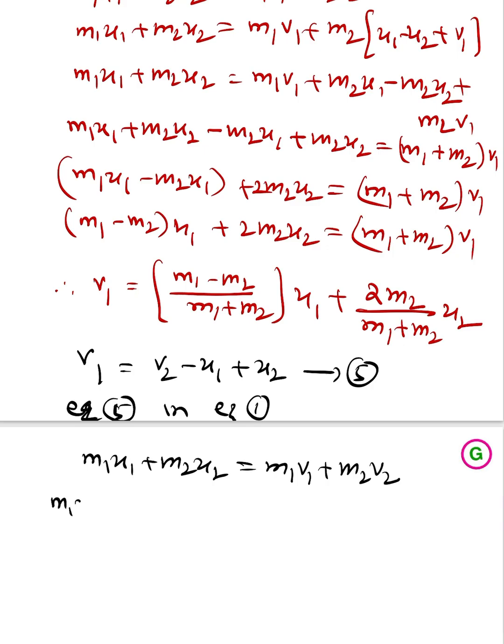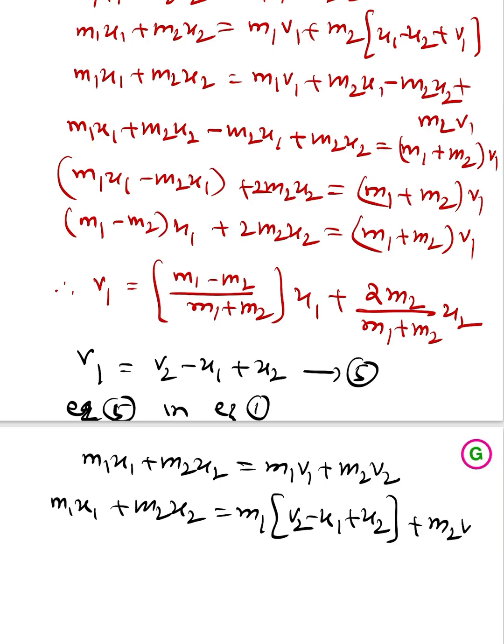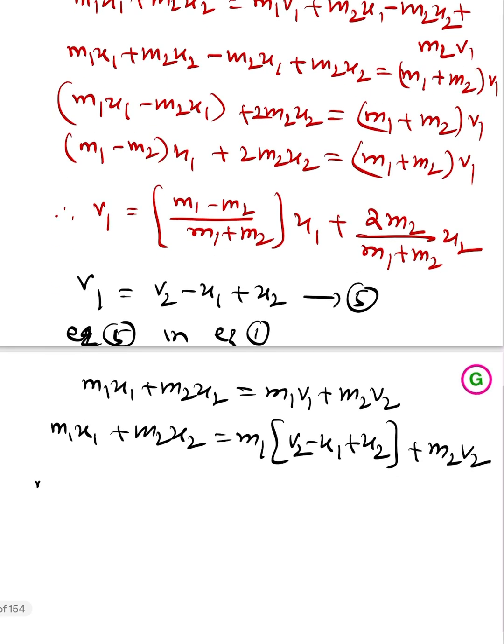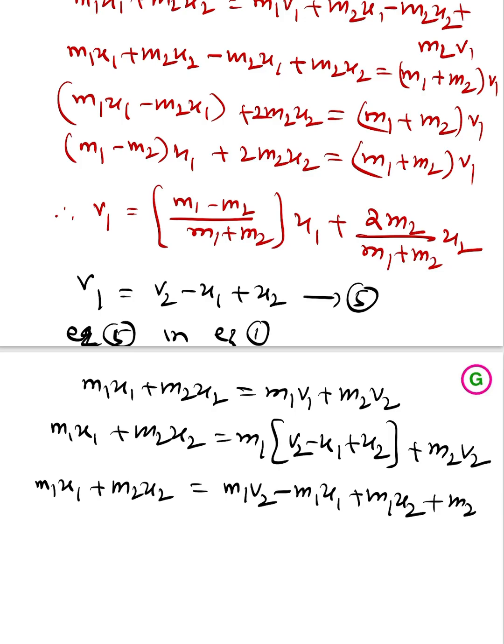So m1 u1 plus m2 u2 equals m1 (v2 minus u1 plus u2) plus m2 v2. Expanding, m1 u1 plus m2 u2 equals m1 v2 minus m1 u1 plus m1 u2 plus m2 v2.